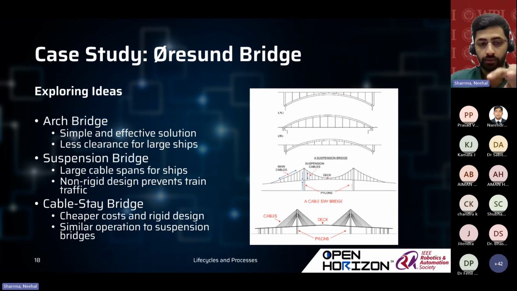It works fundamentally the same as a suspension bridge, but it's rigid by nature. So we have the advantage of a suspension bridge, with clearance down here, but also a rigid road segment, which is conducive to trains and road traffic as well.